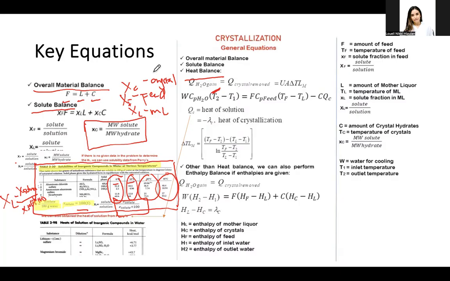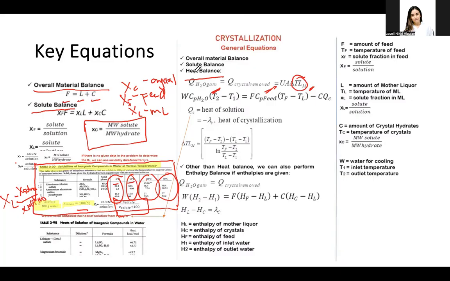So, the heat gained by the water is equal to the heat removed from your crystals, or it's also equal to UA delta T LM. Since you are going to use a heat exchanger, right? So, you're going to use this log mean temperature value.